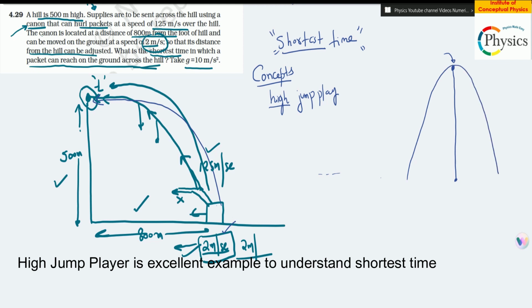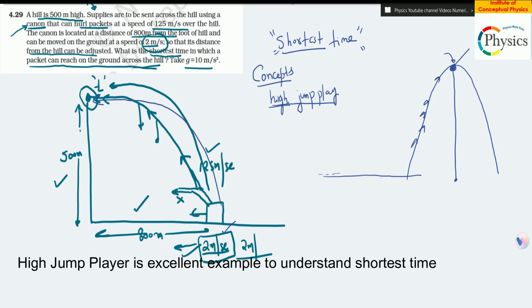This is a high jump player who jumps from the mattress and goes like this. If you see the trajectory, he just touches the highest point, the pole, for example, crosses it over and goes.